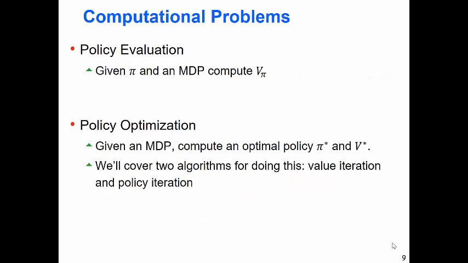So just as for the finite horizon case, we're going to consider two computational problems for the infinite horizon discounted case. Policy evaluation: you give me a policy and I compute the value function. Or optimization: you give me an MDP and I'm going to compute the optimal policy and the optimal value function. And so we're going to consider these in turn.